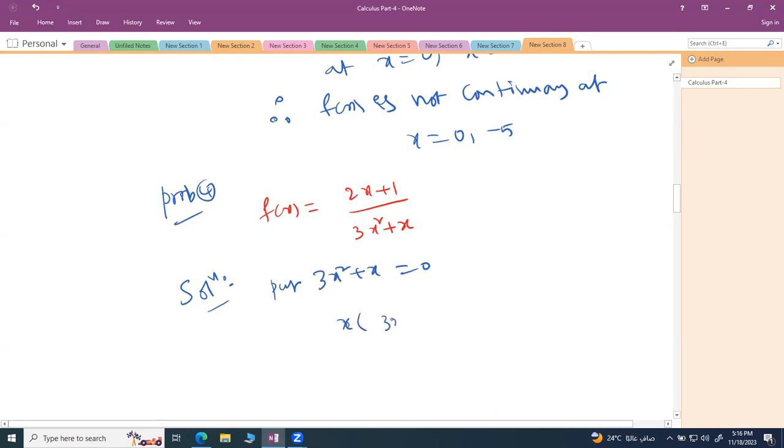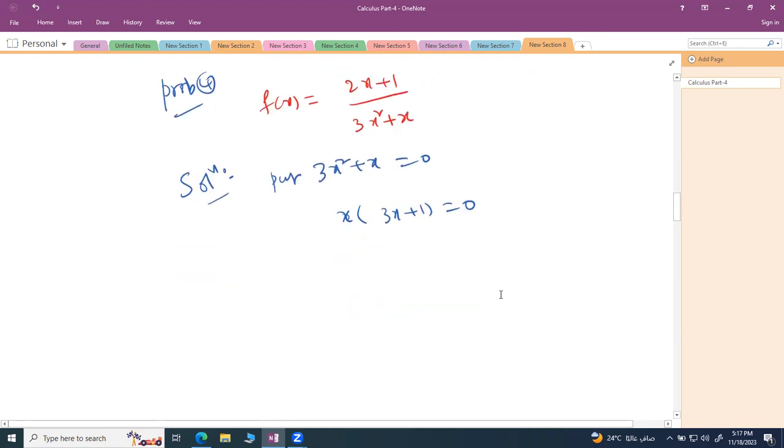X into 3x plus 1 equal to 0. So x equal to 0 or 3x plus 1 equal to 0. This implies 3x equal to minus 1, x equal to minus 1 by 3.